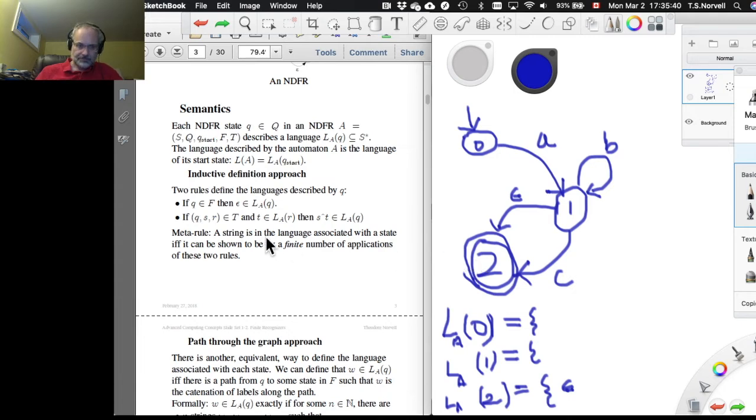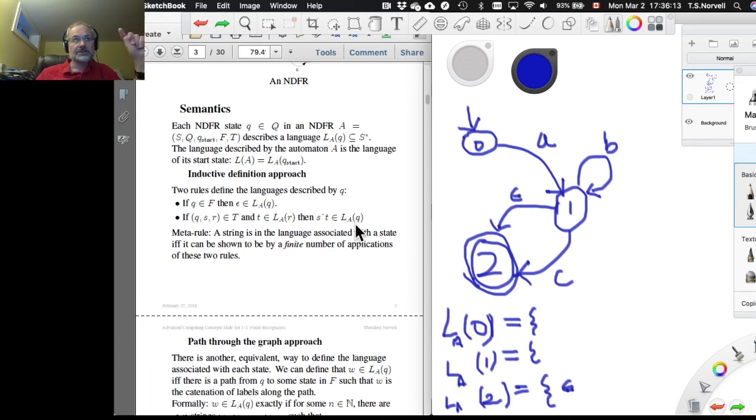All right, and then our second rule says that if there's a transition Q R S, and the string T is in the language of the destination state, the target state, then S catenated with T, remember S comes from the label, will be in the language of the source state.